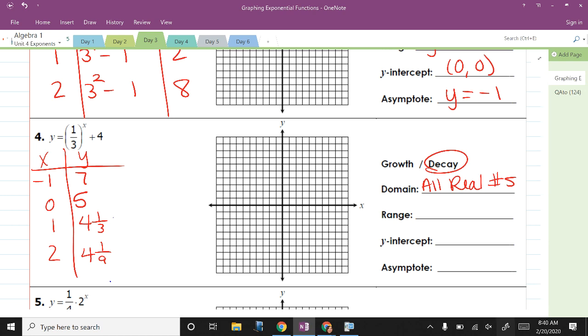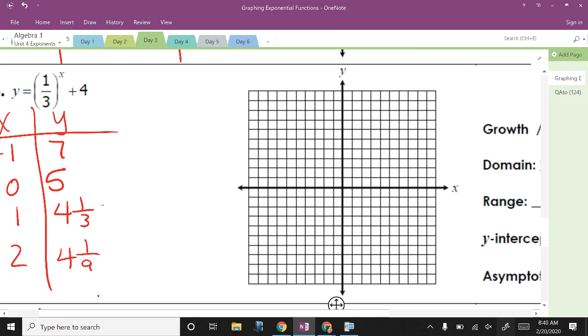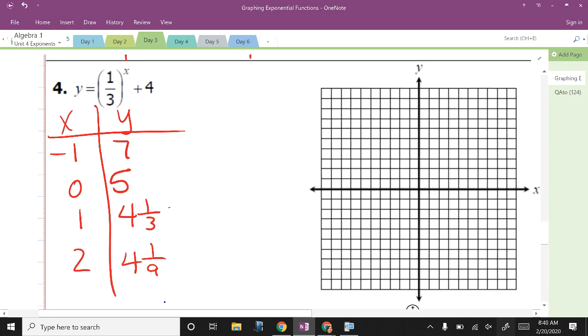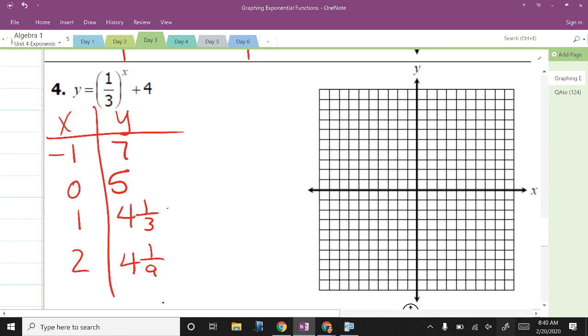So when I graph them, okay, so left one, up 7. It's about, let me zoom in. I can get my graphs better when I zoom. I'm sorry. Old eyes right here. So left one, up 7 is about right there, right? 0, 5 is on the y-axis at 5. Okay.